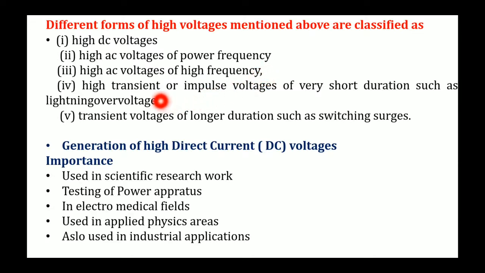The fourth one is high transient or impulse voltage, considered for a shorter duration and also for a longer duration. So these are the different forms of high voltages, and they are generated using different techniques. First, let me start with the high DC voltage generation techniques.